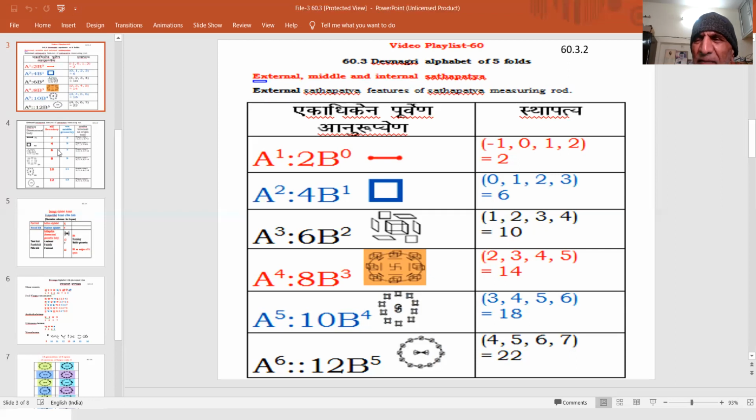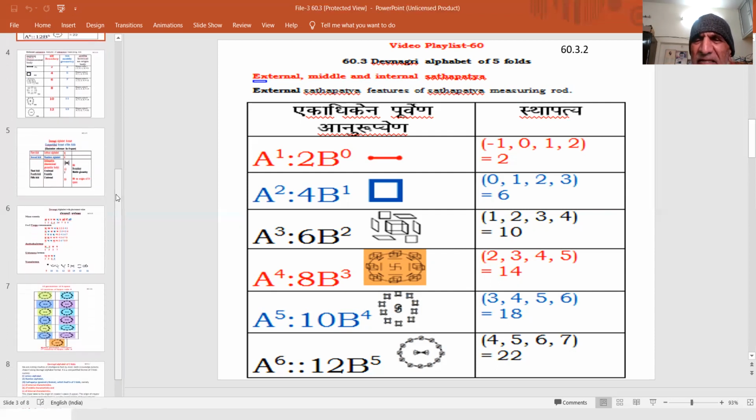Interval as hypercube 1 is of Sathapatya geometric format of 4 folds: minus 1, 0, 1 and 2, of summation value 2. Square is hypercube 2. It is of 4 folds set up 0, 1, 2, 3 of summation value 6.